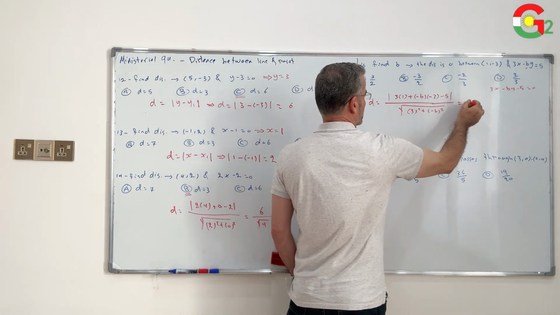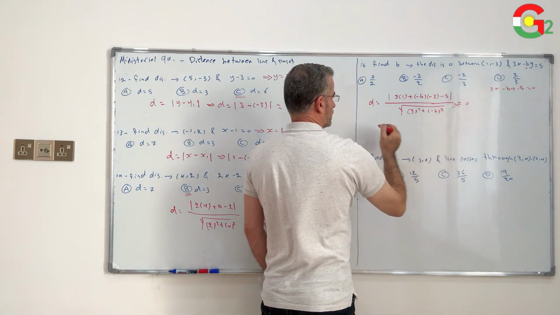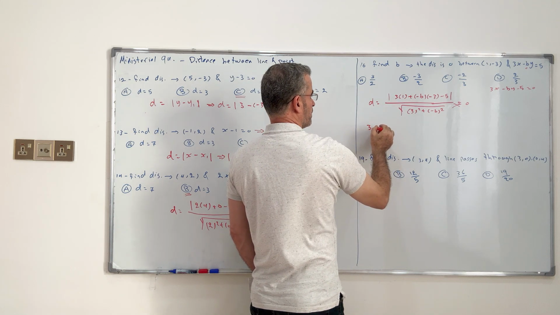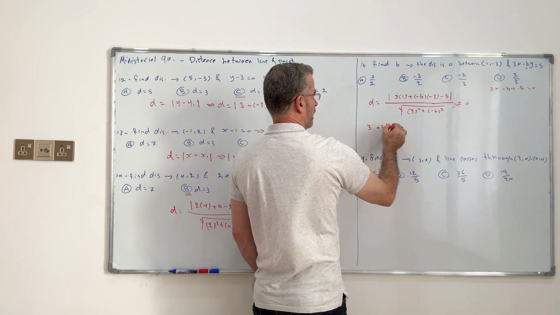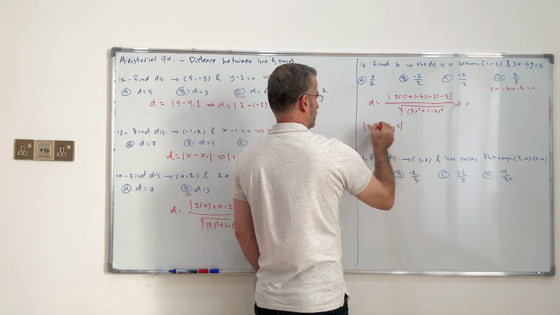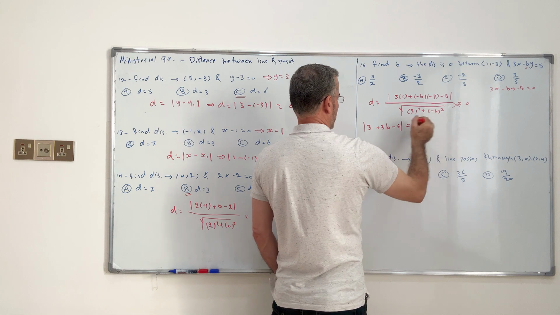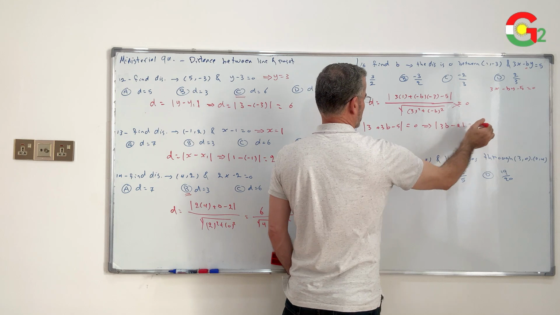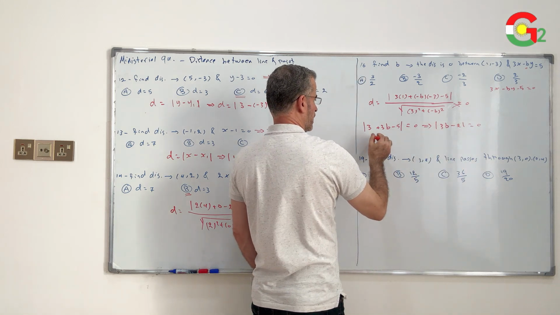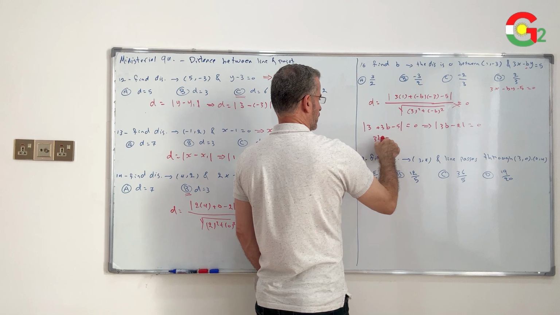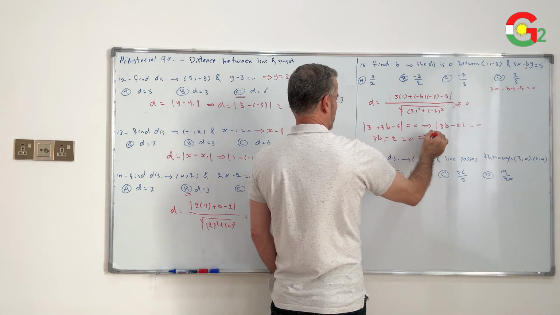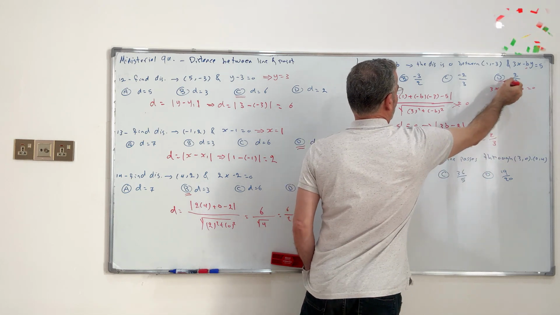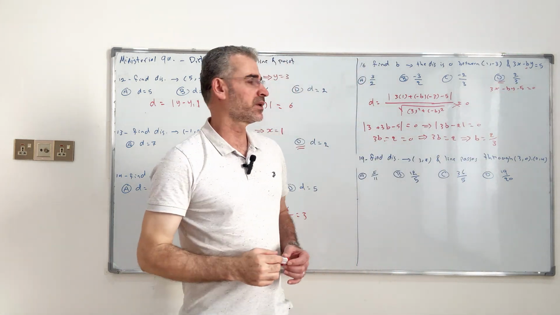Since the distance is 0, cross multiply and simplify the absolute value: 3 times 1 is 3, minus b times negative 3 plus 3b, minus 5 equals 0. Then 3 minus 5 is minus 2, so the absolute value of 3b minus 2 equals 0. Since 0 is not affected by the sign, 3b minus 2 equals 0. Then 3b equals 2, it means b equals 2 over 3. It's choice number D.